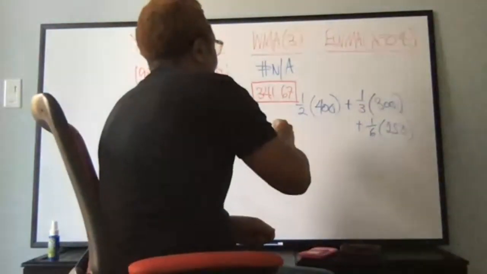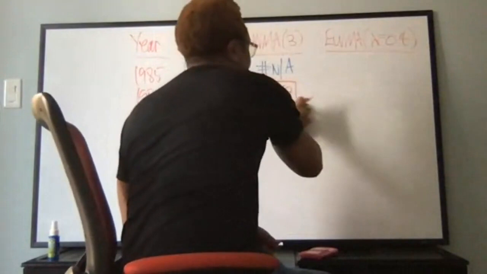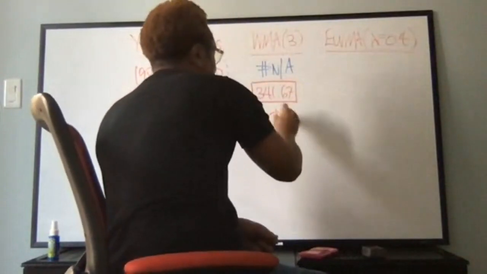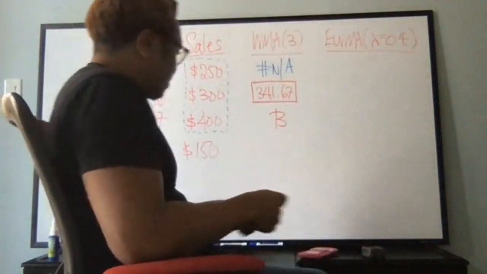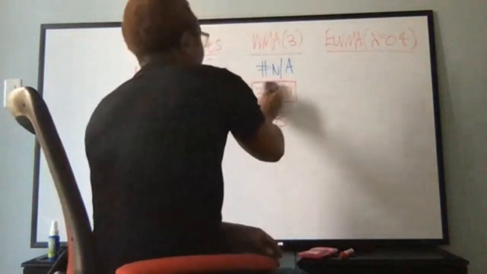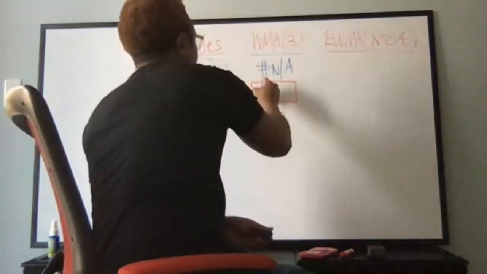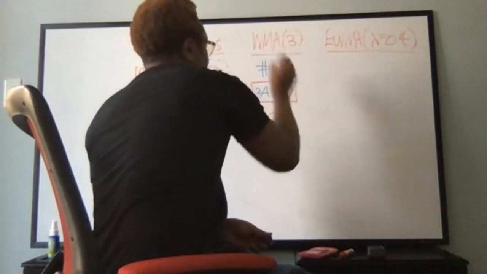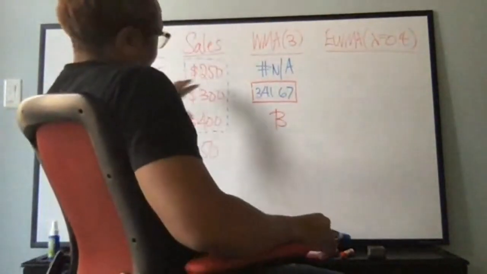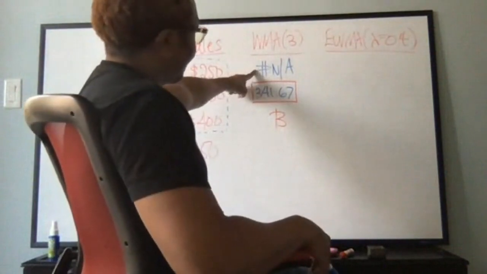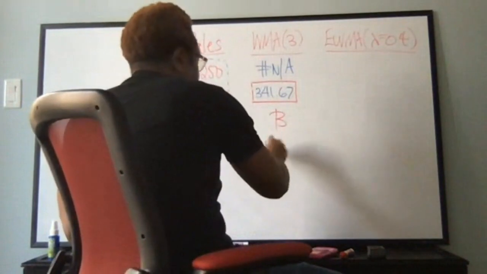Now, suppose I give you on the exam the same information, then I have the letter B right here. Now, the thing with this is, let me write it this way, 341.67. You're going to find out that the same number of NAs that you have right here is going to be the same number at the very end.